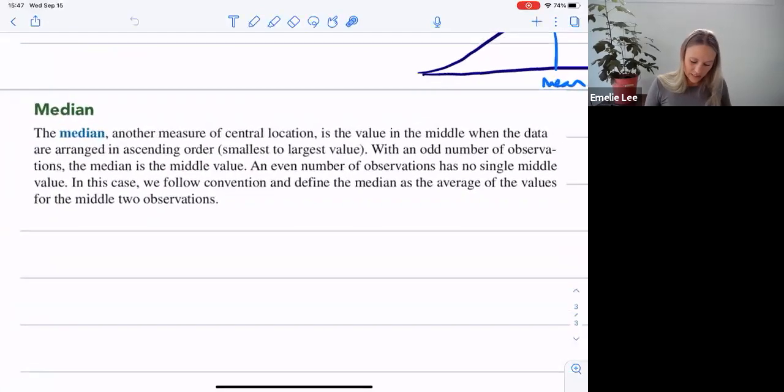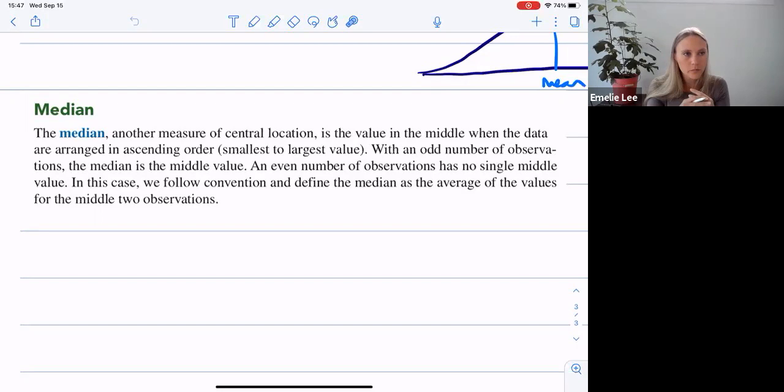So the median is another measure of center. Okay, and so the median just says this is the value in the middle of the data, which means that we have to sort our data from smallest to largest if we're doing it by hand, which we're not. So what it does is it sorts the data from smallest to largest, and then the value that's in the center is going to be the median.